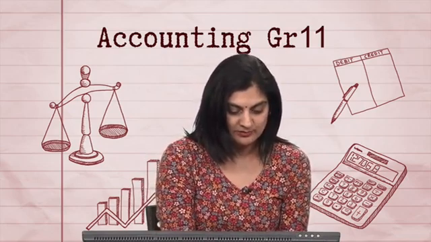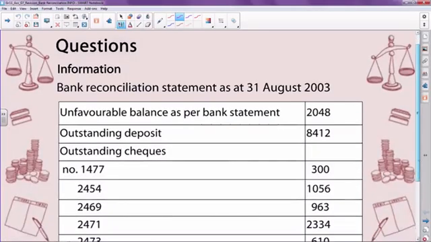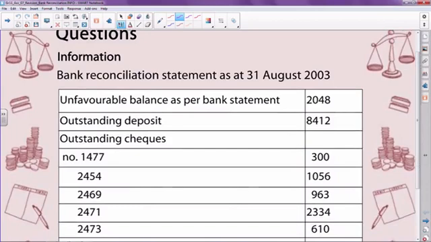So our information that is given to us. It's important that we are familiar with what's given to us. We are given the bank reconciliation statement as at 31st of August 2003. So immediately I make a note that this is my previous month's bank reconciliation statement.